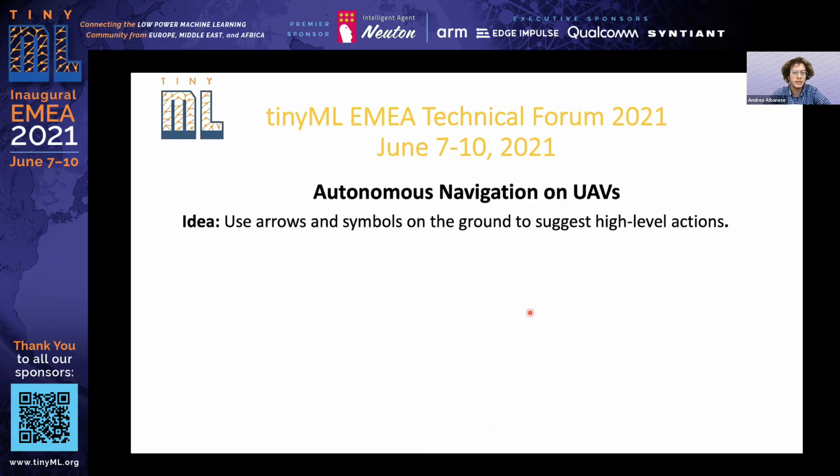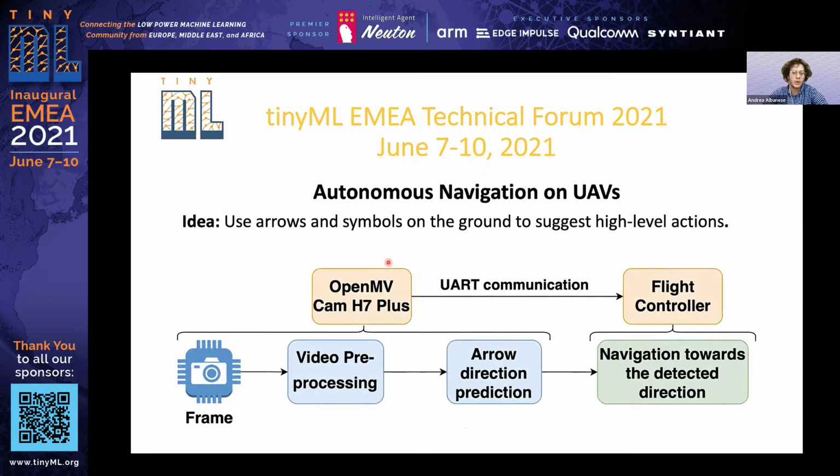The idea to enable autonomous navigation is to use arrows and symbols written on the ground to suggest high-level actions to the drone. The workflow of this system is composed of a camera, which retrieves frames. Then each frame is processed with an ad hoc video preprocessing algorithm, which extracts regions of interest that may include arrows.